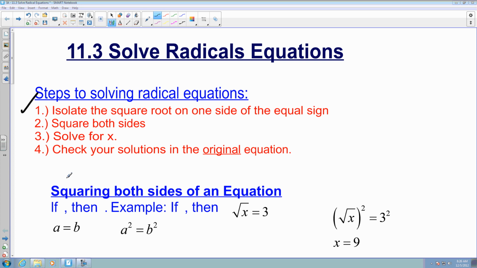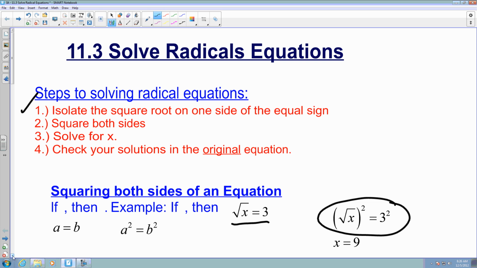So the example they give us is what if the square root of x equals 3. By using the steps, we isolated our square root, and now we square both sides of our equation to get rid of our square root to solve for x, and our x would equal 9. So if we took the square root of 9, that would equal 3, and it would check out.